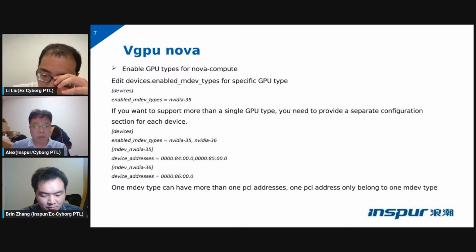So from the configuration, we can see the 84 and 85 GPUs will use the same NVIDIA 35 vGPU type.